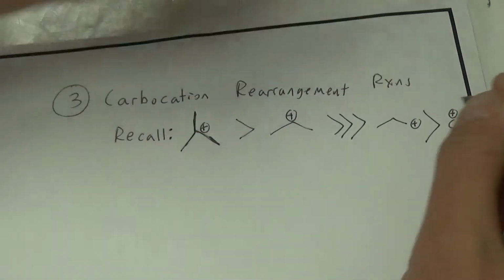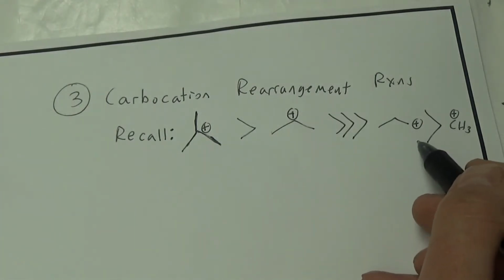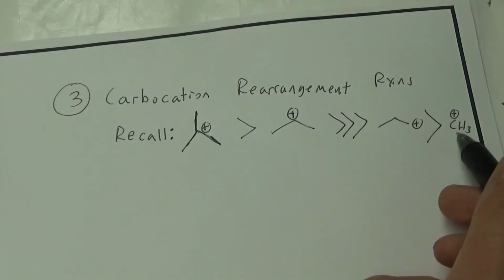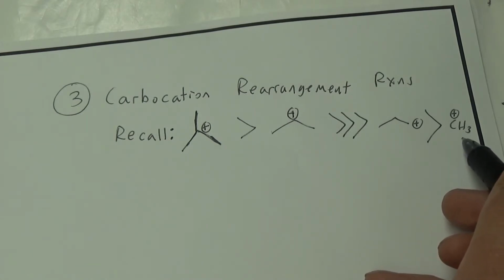But primary are so bad and unstable that they don't really occur anywhere. And needless to say, methyl carbocations are way too unstable also.